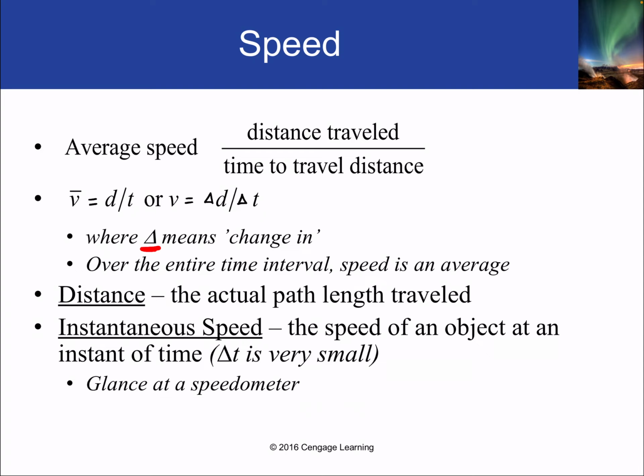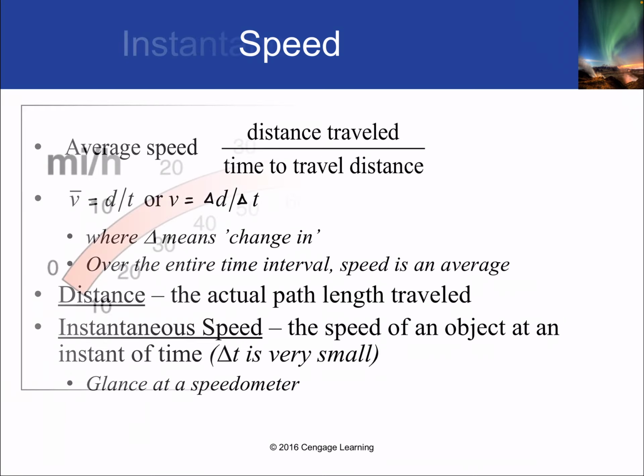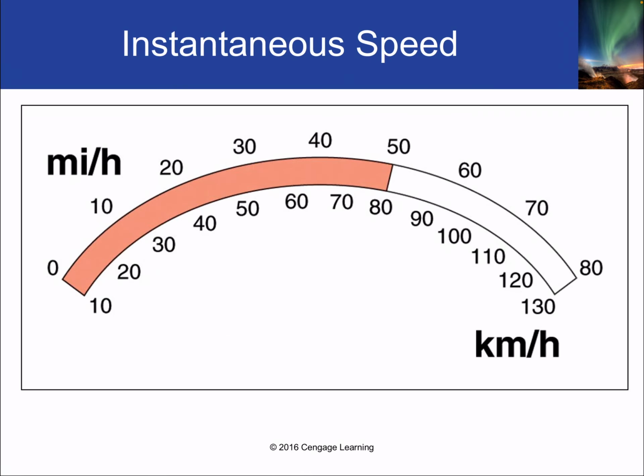So for instance, your instantaneous speed, you're driving a car, you glance at your speedometer, that is your instantaneous speed. That is not your speed over a time interval. So police using a radar gun will clock your speed at that precise instant in time. And here's a picture of our speedometer showing instantaneous speed.